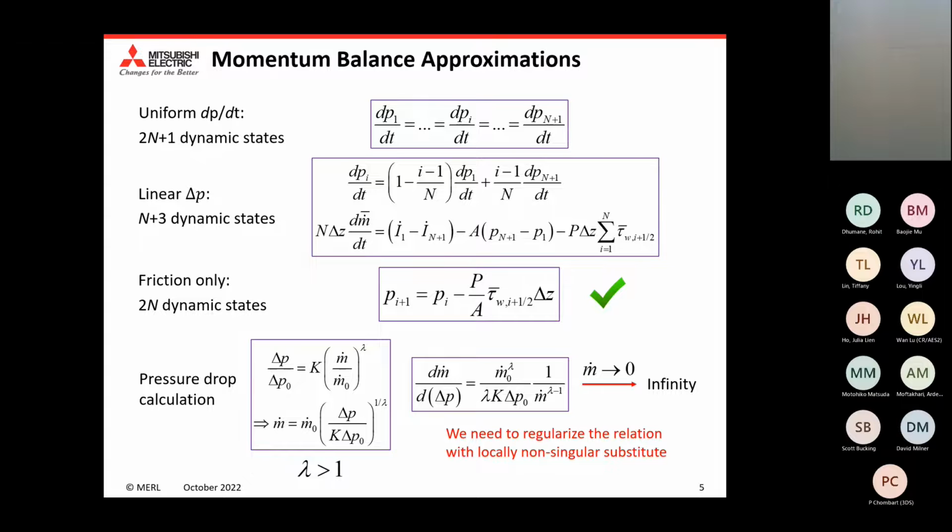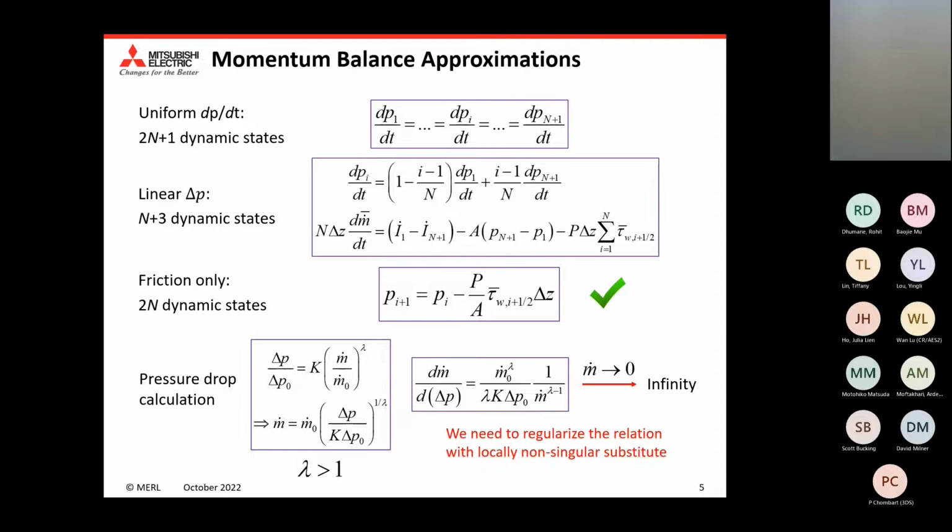But the problem here is that if we invert this form to have the mass flow rate as a function of the pressure, and calculate the derivative of the mass flow rate with respect to the pressure, we can see that in the denominator we have the mass flow rate.